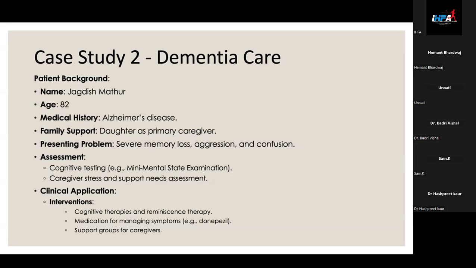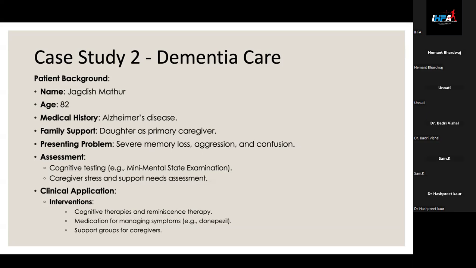Coming to the clinical applications, in interventions, we went for the cognitive therapies and reminiscence therapies. Then we went for the medication for managing the symptoms of stress, aggression, and confusion. So, donepezil, we went with the management with the drug donepezil, which was again suggested after proper consultation with the geriatrician.